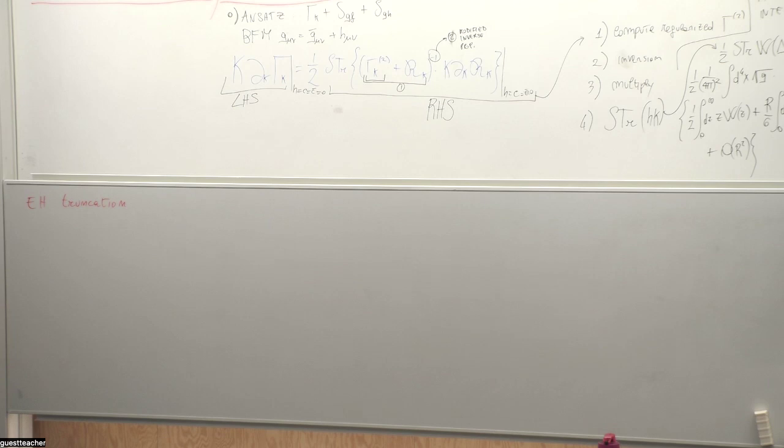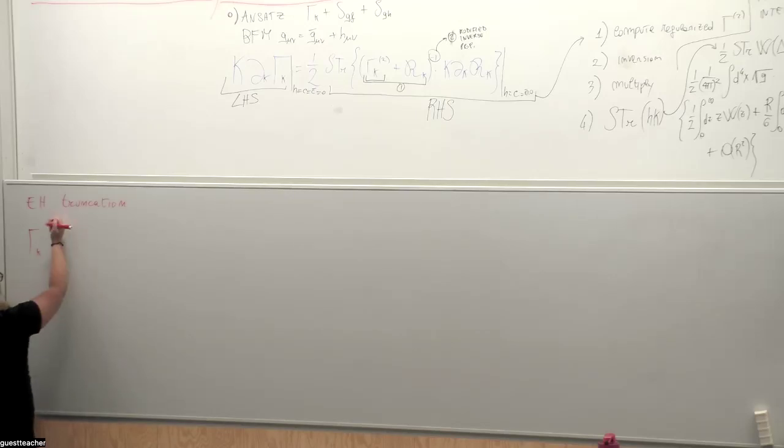For instance, the derivative expansion in derivatives and truncating to a certain order, expansion order. In this case, Einstein-Hilbert is to second order in derivatives.